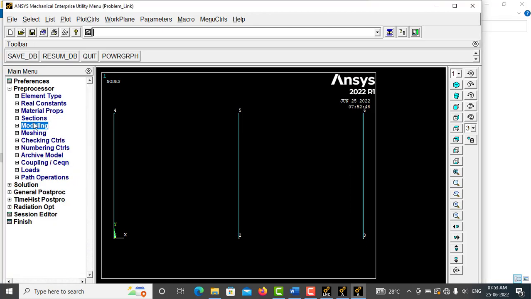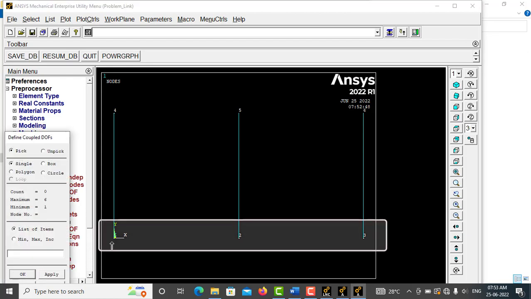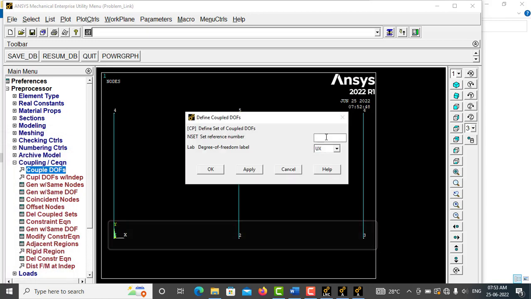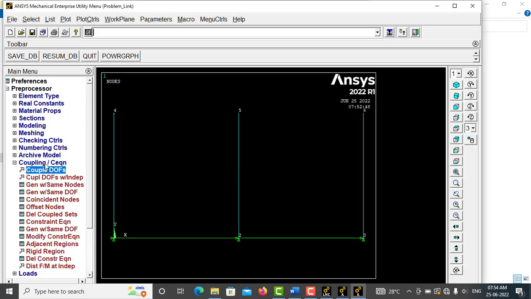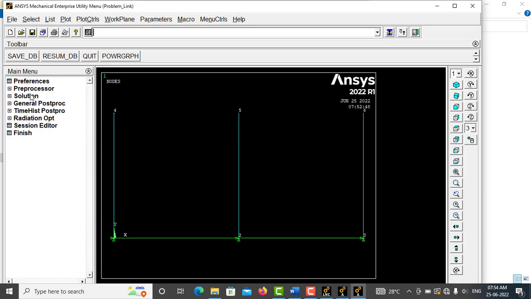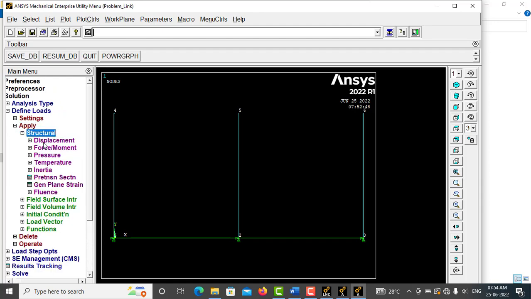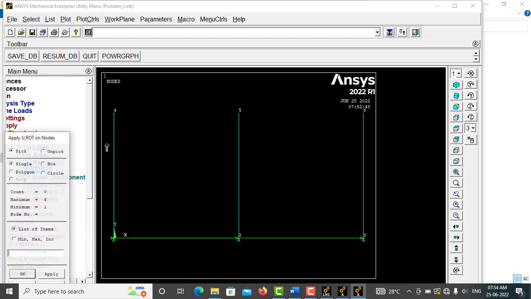Here I'm going to use one concept called coupling, because the bottom three nodes are coupled for all degrees of freedom as shown in the figure. Let me set reference number 1, and all degrees of freedom are coupled. This is a very important concept for solving these problems.